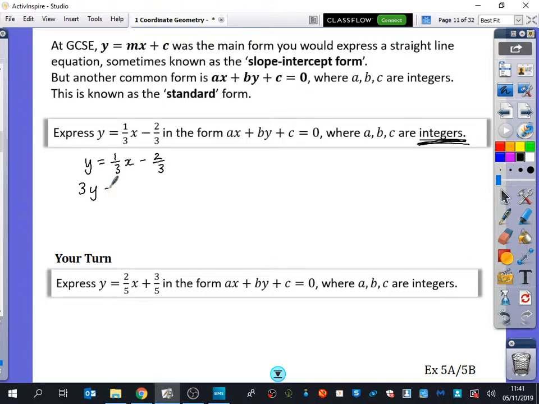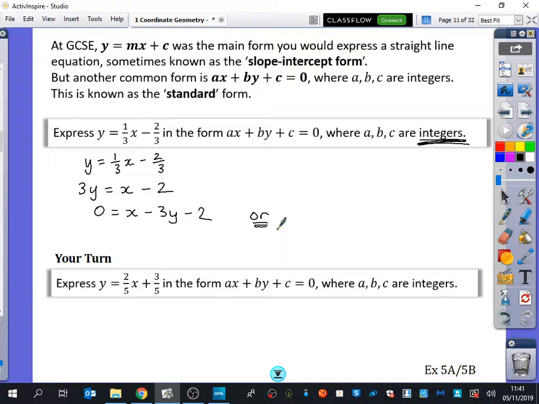So I get 3y equals x minus 2. And it all wants to be on one side of the equation. So I could say x minus 3y minus 2 equals 0. Or how else could I have written it instead? Can anybody see how else I could have written it?